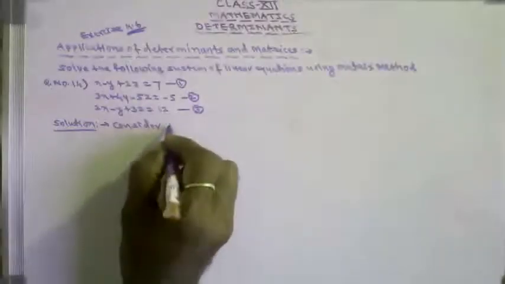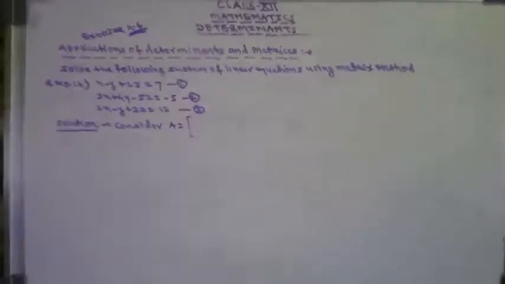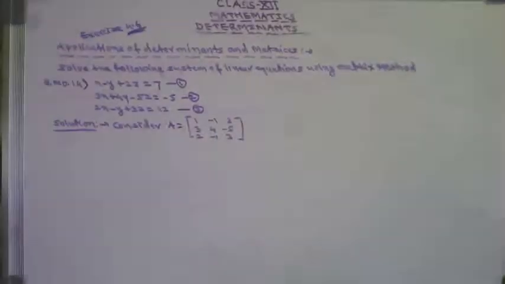First of all, consider A equals the matrix of coefficients of x, y, z: 1 minus 1 2, 3 4 minus 5, and 2 minus 1 3.